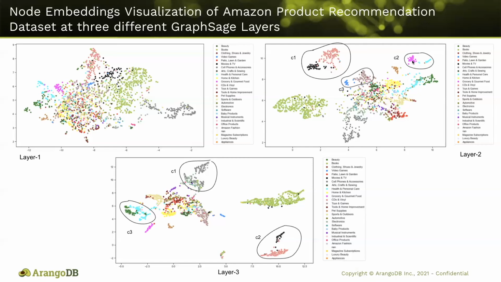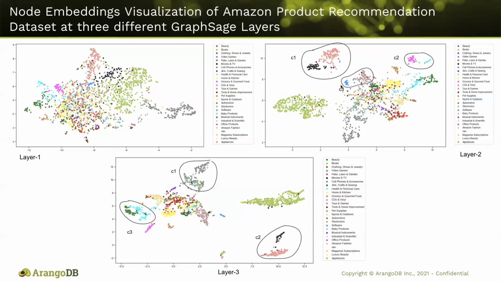It means that these 2 products are very close together in this embedding space, which means that in the original network these 2 products are also very close, which makes sense, because if you buy grocery or any gourmet food, there is a highly likely chance that you will also buy a health or personal care product.